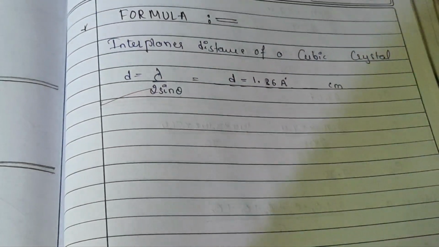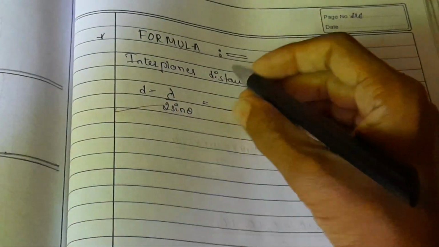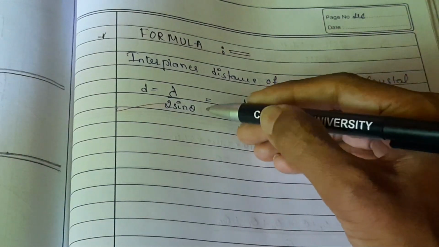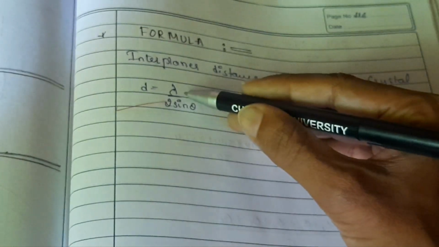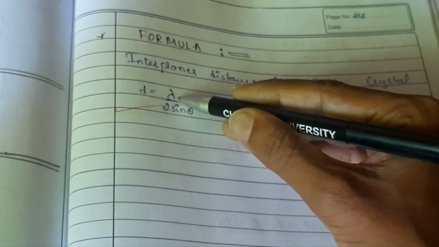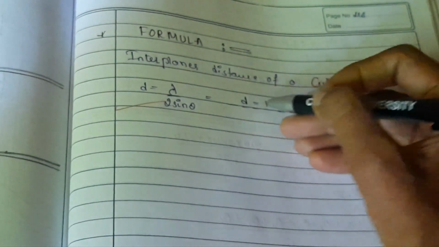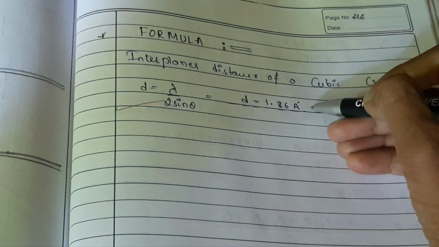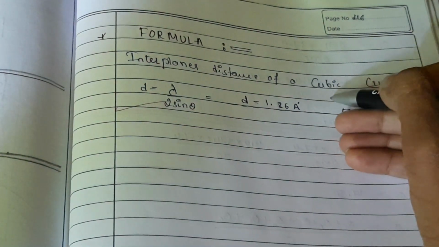So if you take the average value of theta from the tabular column and substitute the value of the wavelength of the X-ray, that is 1.6, you will get the interplanar spacing, about 1.86 for a cubic crystal.